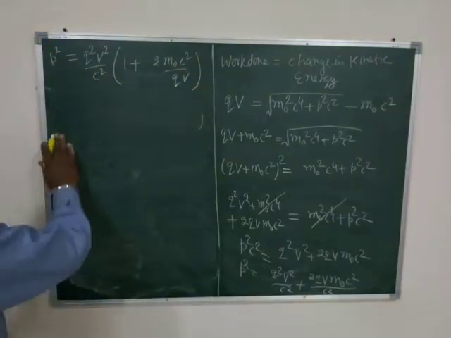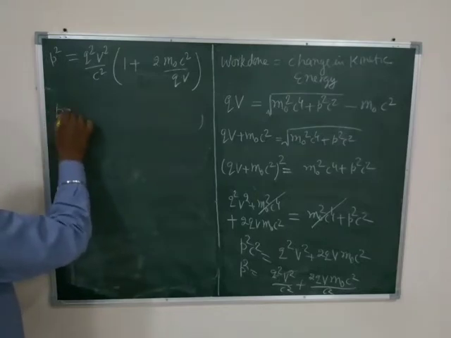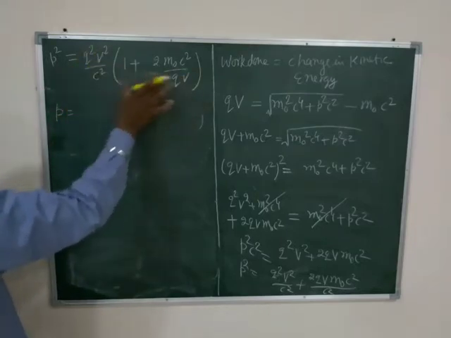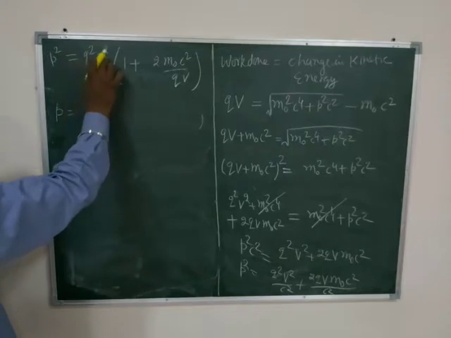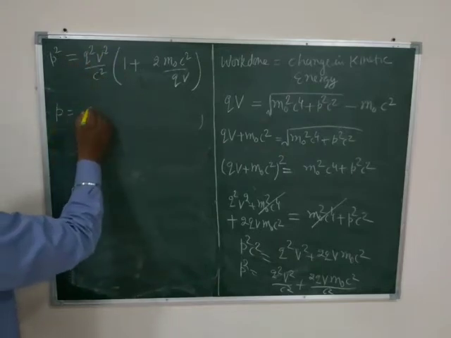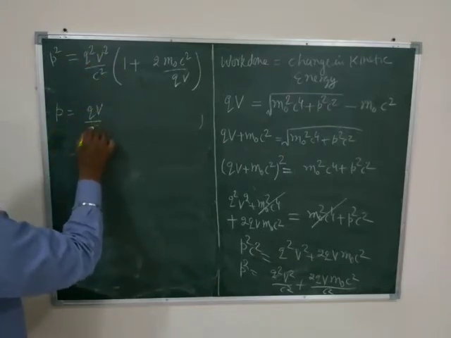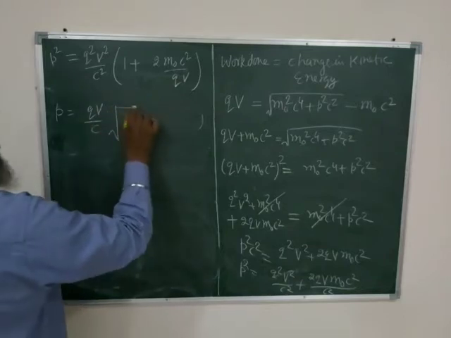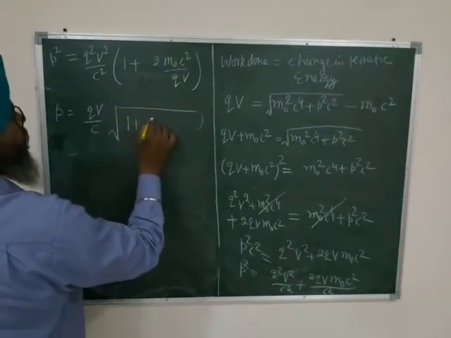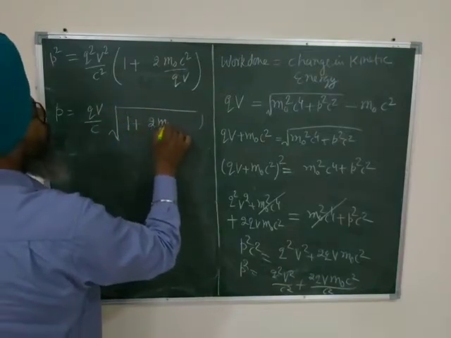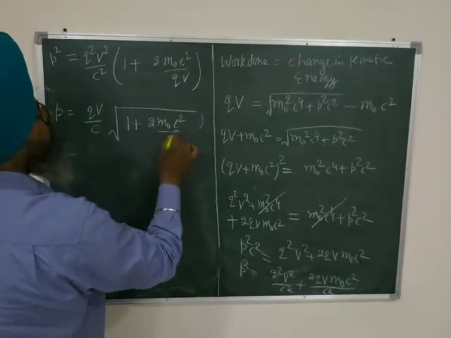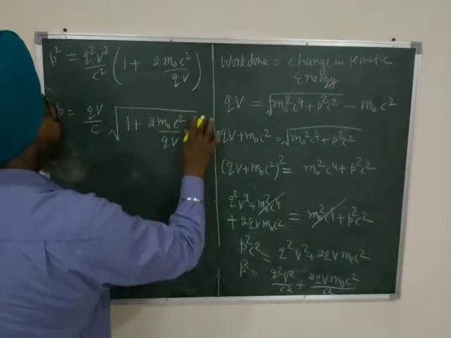So P will be equal to square root of all this, and since all these three terms are in square, it will become QV upon C and square root of 1 plus 2 m naught C square upon QV.